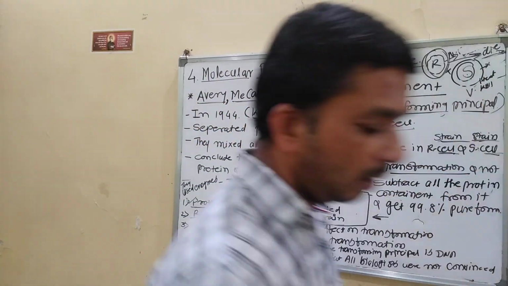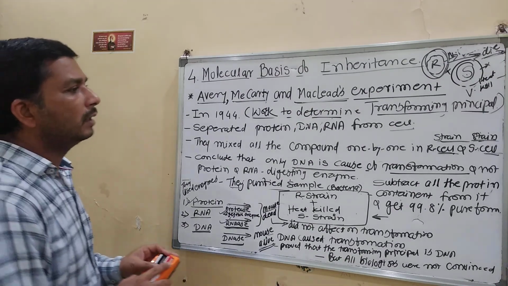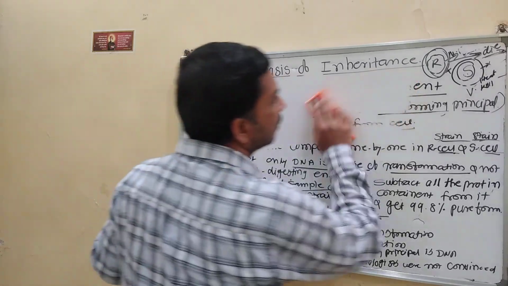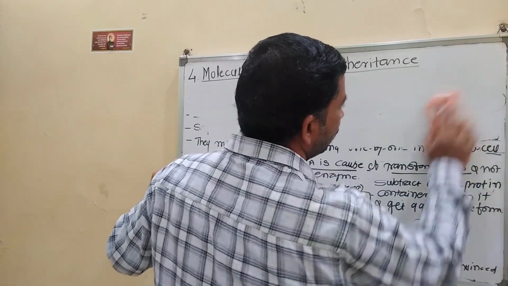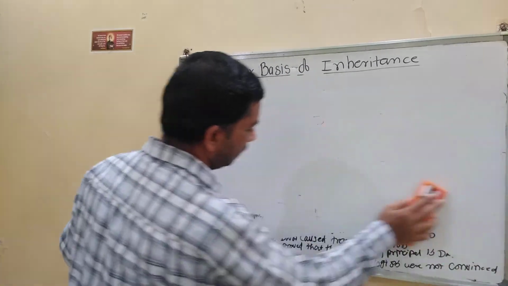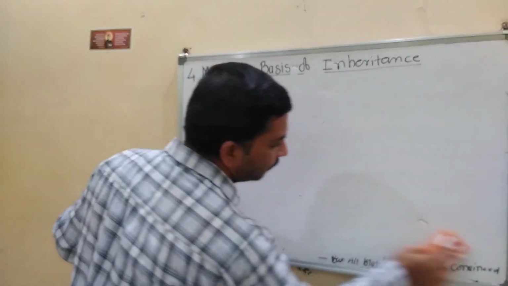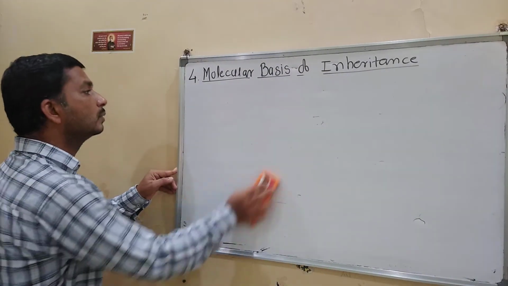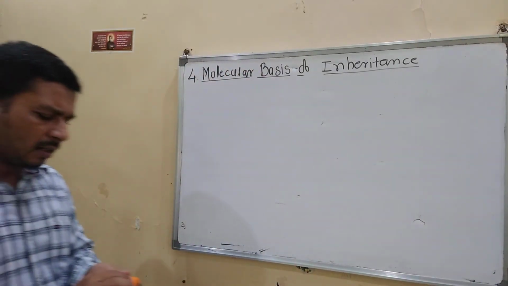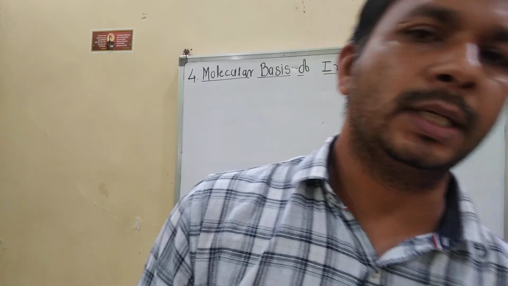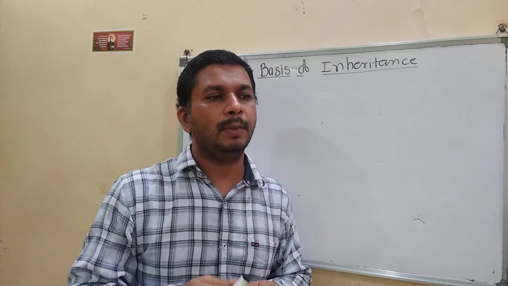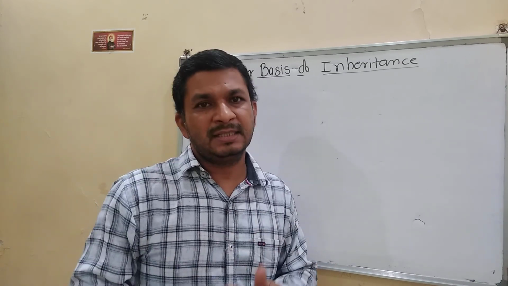Then in determining the transforming principle, two scientists performed one experiment, and they were also concerned with DNA as the genetic material.